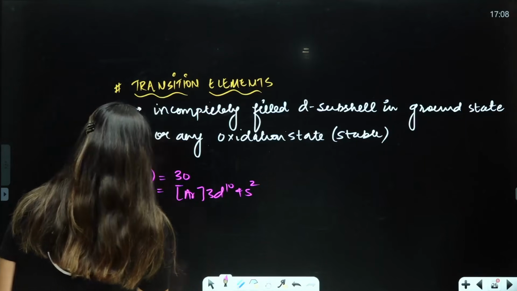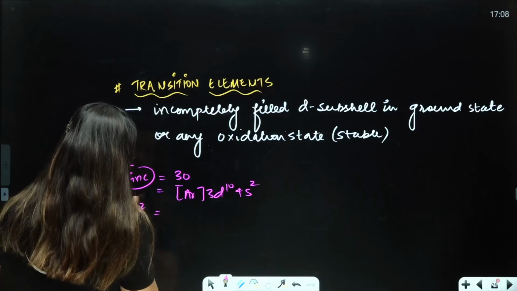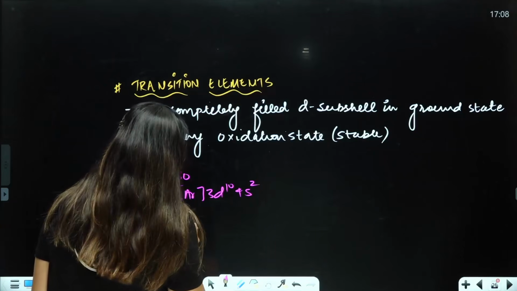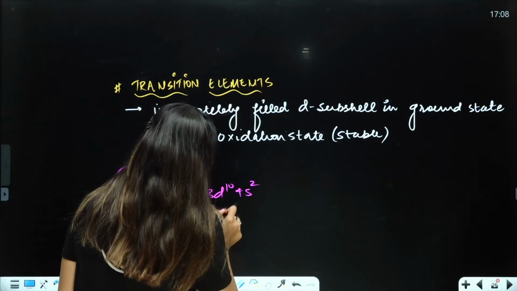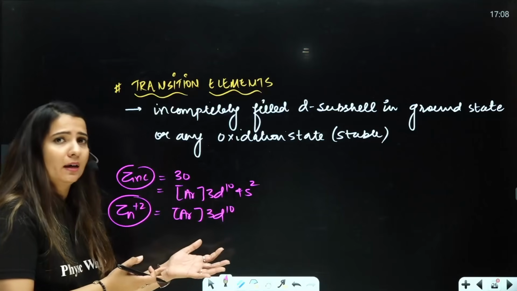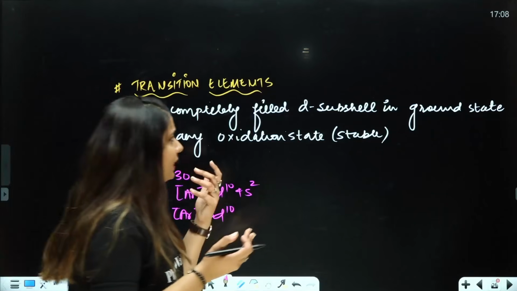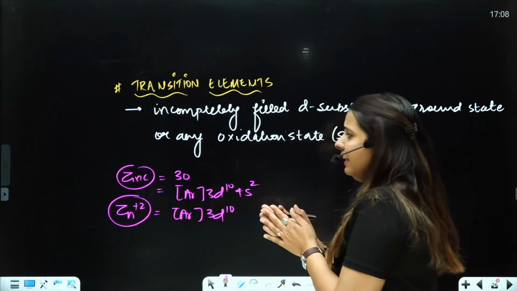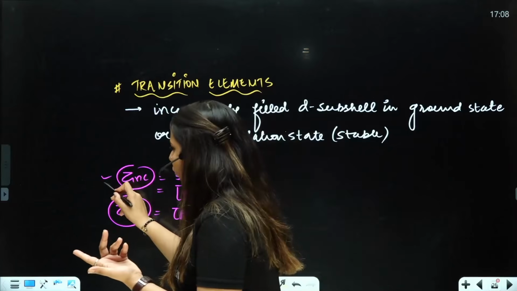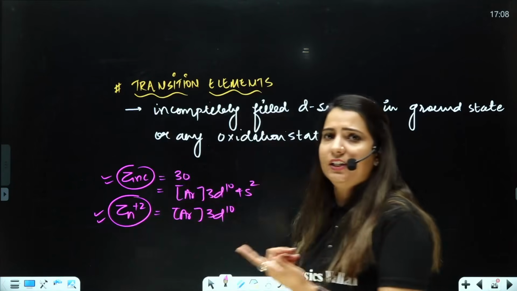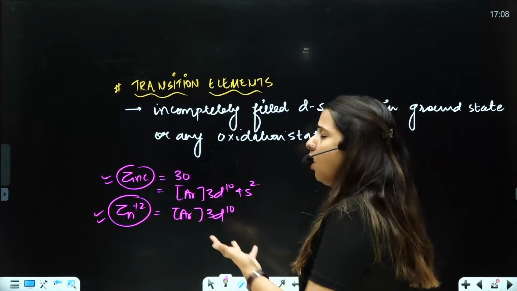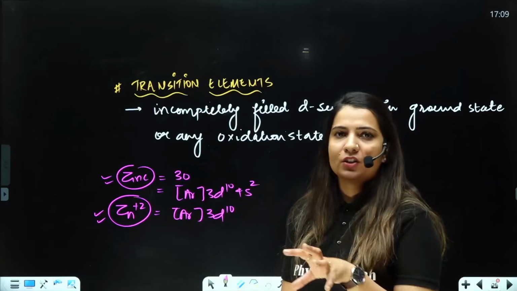But zinc is having only one oxidation state, zinc plus 2. That case will give the electronic configuration 3d10. Still it is completely filled. So there is no incompletely filled d subshell either in the ground state or in the oxidation state. So how can I call zinc a transition element?